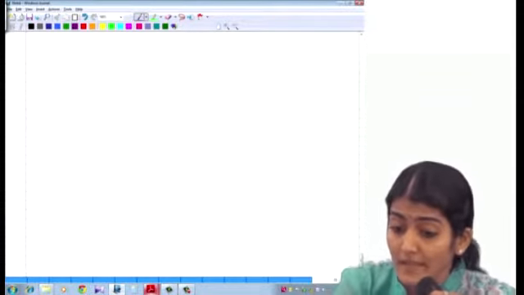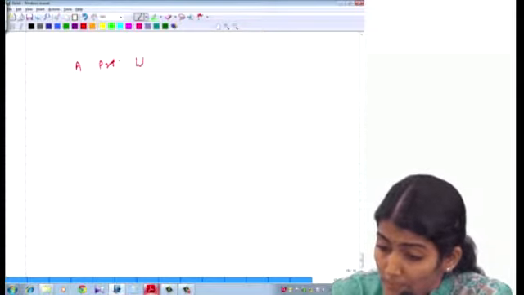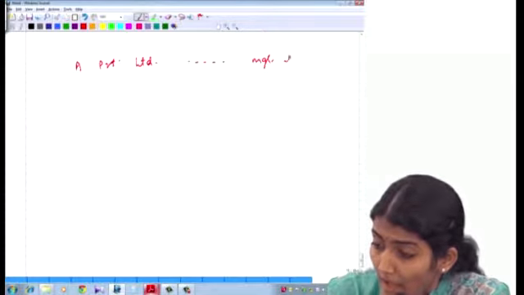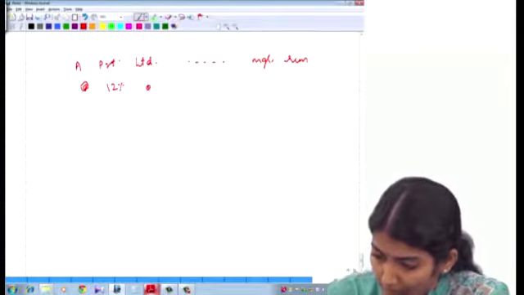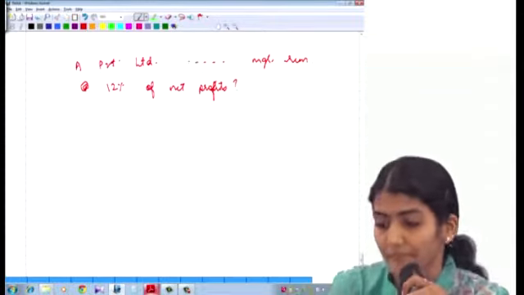Okay, so now say in the exam a question is asked: a private limited company has paid managerial remuneration at the rate of 12% of the net profits. As an auditor, how will you do the reporting?